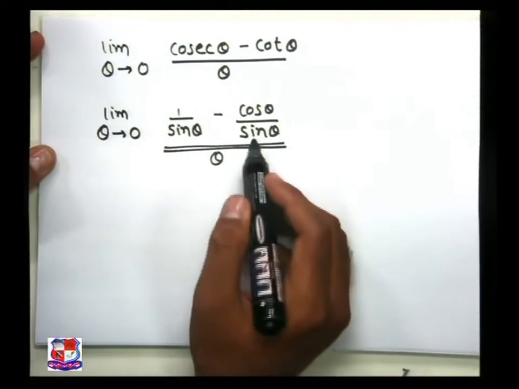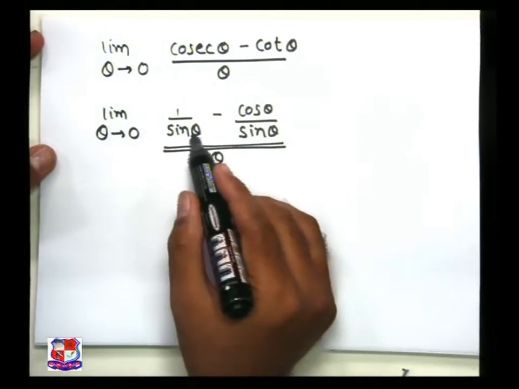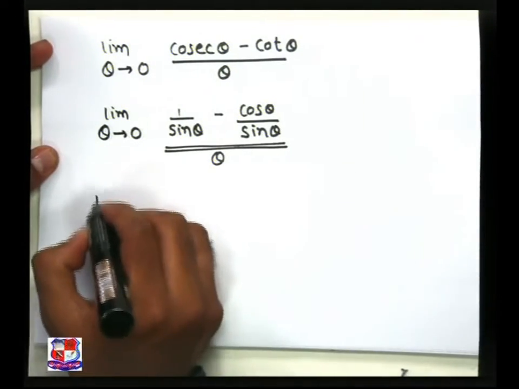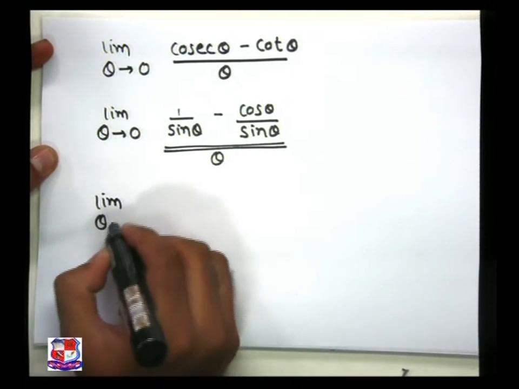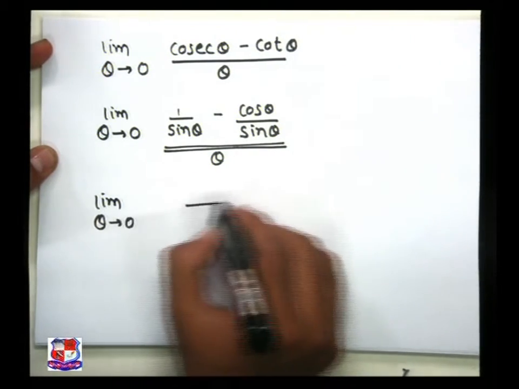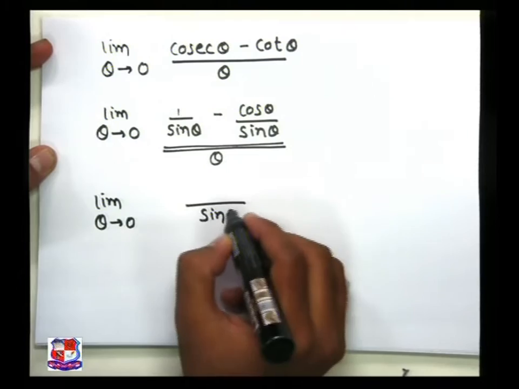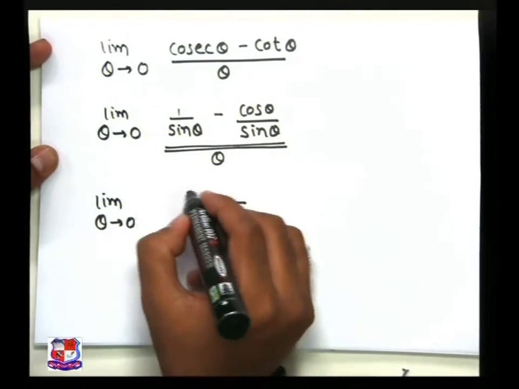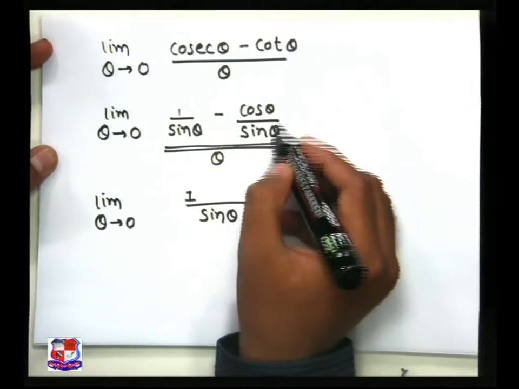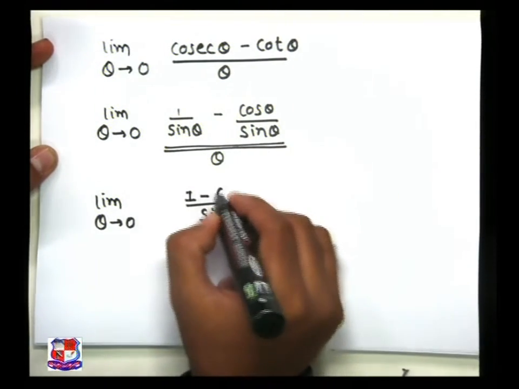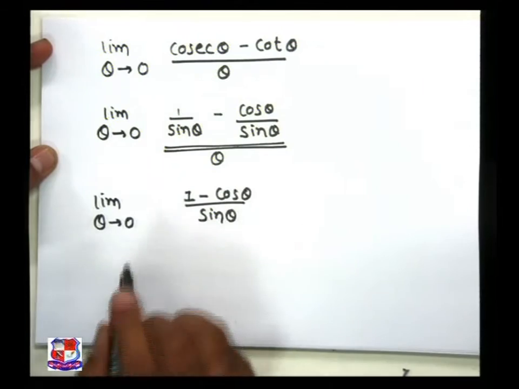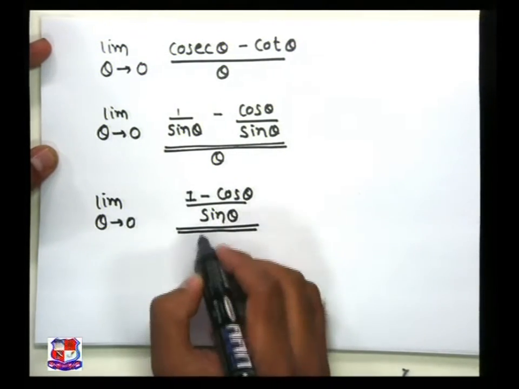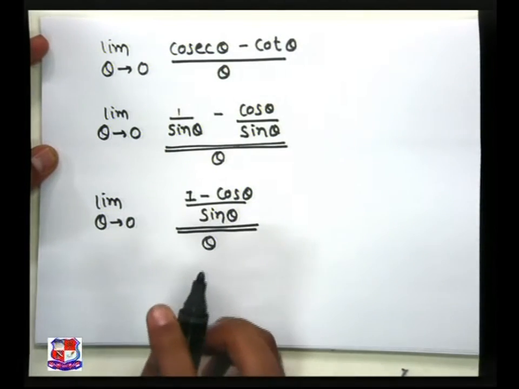Now the next step is to take the LCM, that is sin theta, and simplify our numerator. Theta tends to 0, LCM value sin theta. Here already sin theta, so the remaining value is 1, and here already sin theta, so the remaining value is 1 minus cos theta, divided by theta as it is.